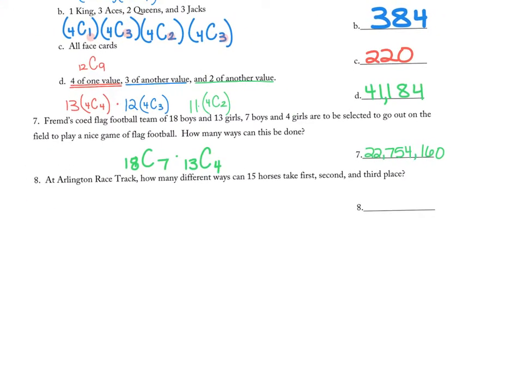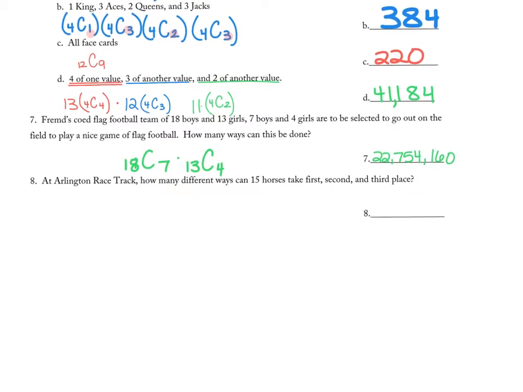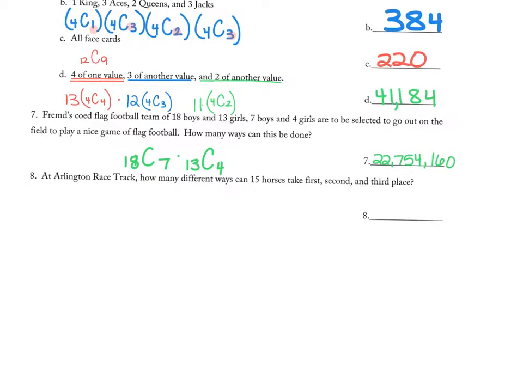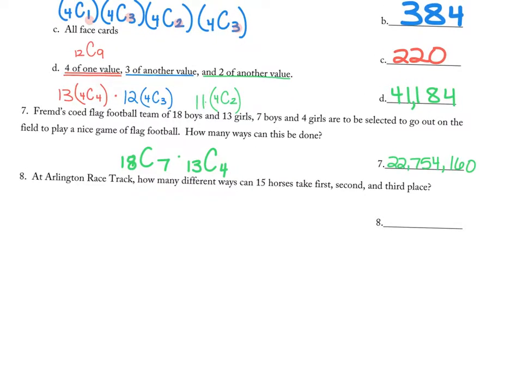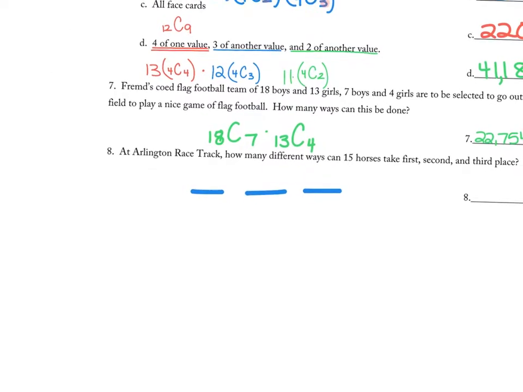All right. Last one for this slide. At Arlington Racetrack, how many different ways can 15 horses take first, second, and third place? This time, order matters, and I personally would do the slot method. So there's 15 options.